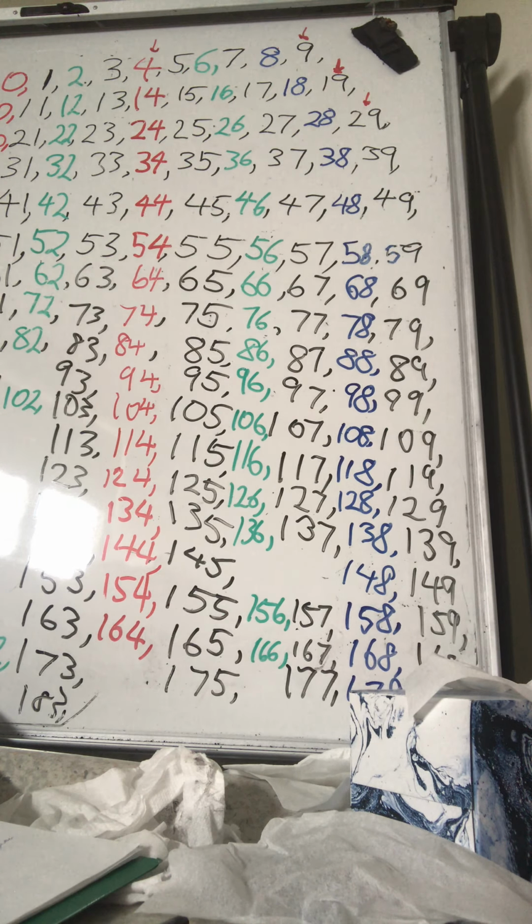Wait, what? Nah. 29. Okay, 29. That's a good choice. Is it a multiple of 3? A multiple of 3.